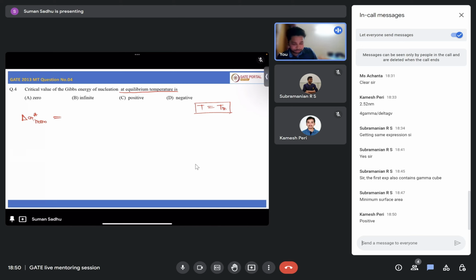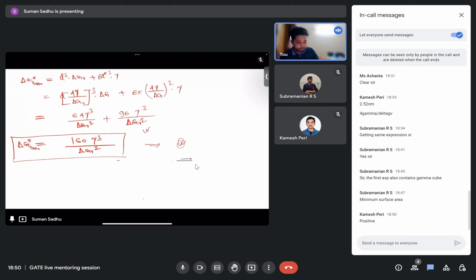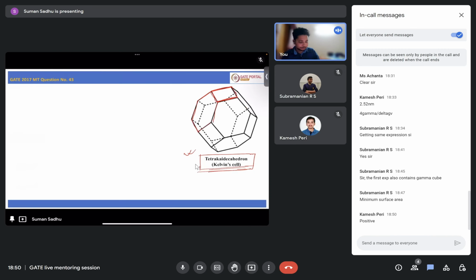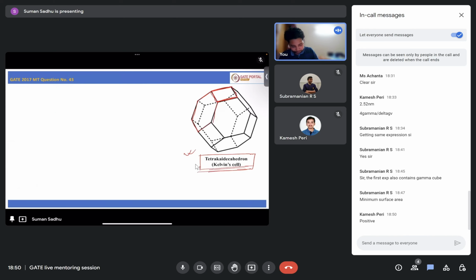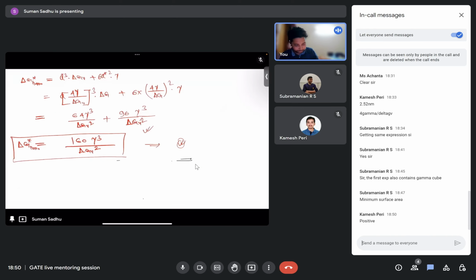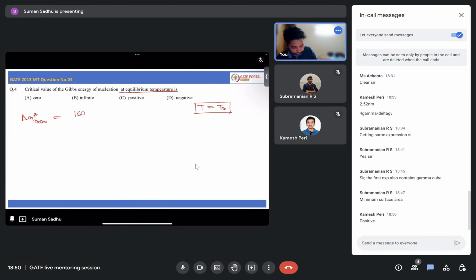Now let us see. As we have already derived that for the cube shaped nucleus, I am writing in those terms only. It comes around 160 gamma cube by delta Gv square, right? Now it is given at equilibrium, that means your T is equal to Tm.